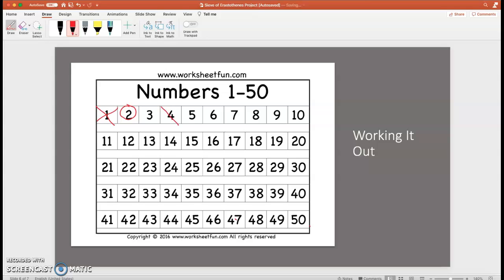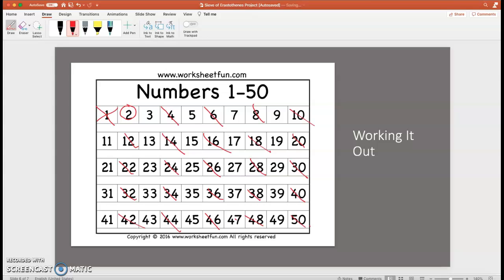And following that, we will mark off each remaining multiple of 2: 6, 8, 10, 12, 14, 16, 18, 20, 22, 24, 26, 28, 30, 32, 34, 36, 38, 40, 42, 44, 46, 48, and 50. As you can see, 2 knocked out many numbers.